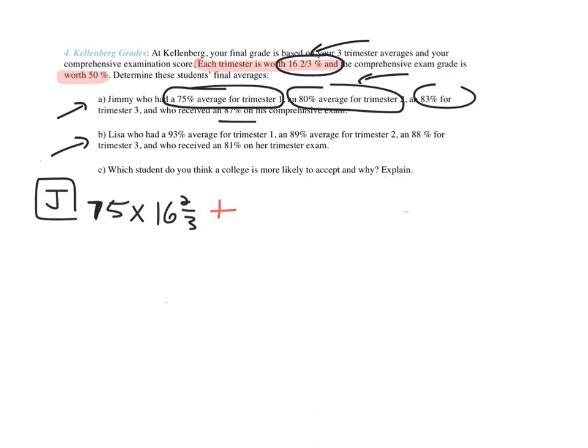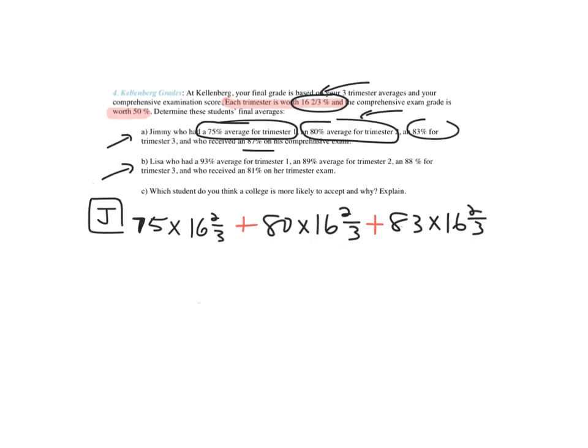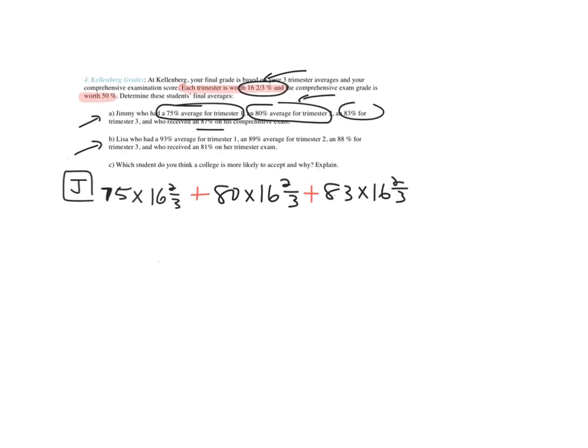Now we'll add his second trimester, which is 80, multiply that by the weight, 16 2/3. Then we'll add the third trimester, 83, times that trimester's weight, 16 2/3. And then we'll add the comp, the final exam score. Here, Jimmy got an 87, and the weight of the final exam is 50.